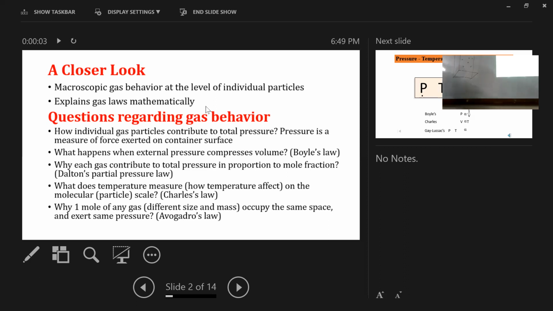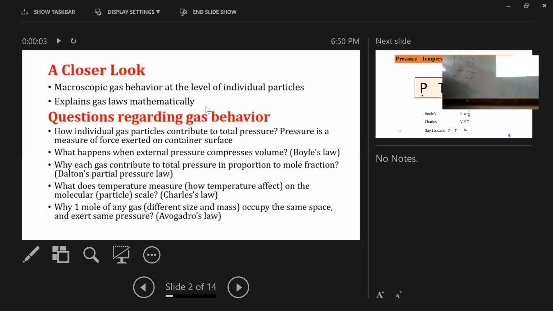Now, if you press the molecules from outside, it can be from one side or from everywhere. If you press the container externally, what will happen?